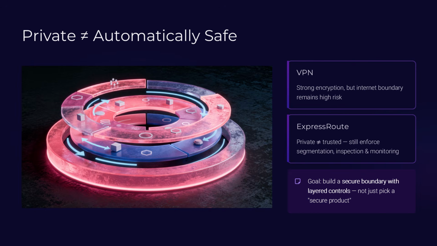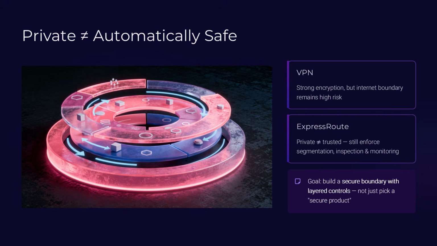With the lenses established, you now address the boundary security truth that leaders must hear. Both options still require strong security architecture because the hybrid link is a privileged pathway between environments. Site-to-site virtual private network relies on strong encryption over the internet, but you still treat the boundary as high risk because disruption and scanning attempts are part of internet reality.